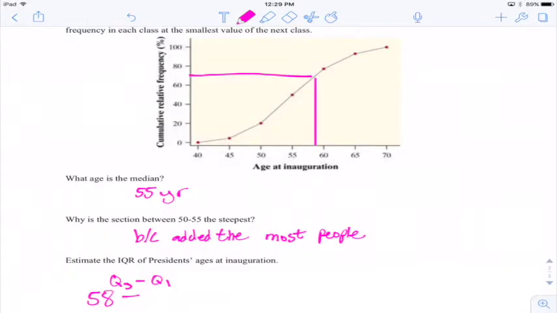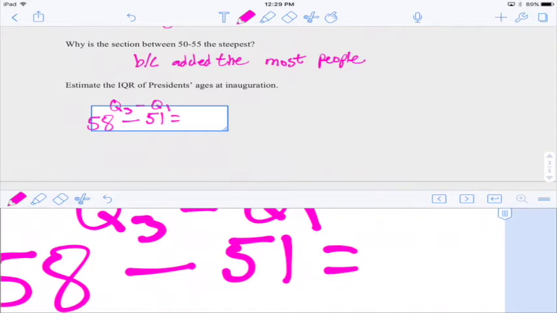And then the first quartile is at about 25, which is about at 51. So the IQR is about 7. So the middle 50% of the data, the ages, is 7 wide.